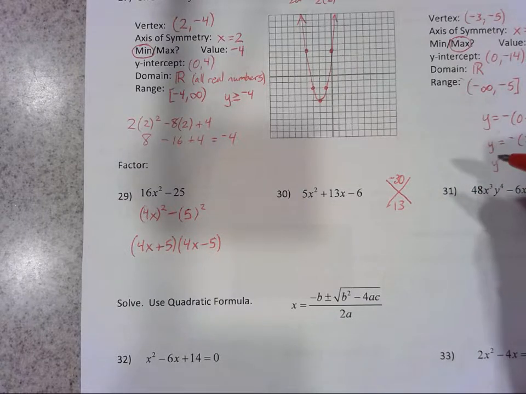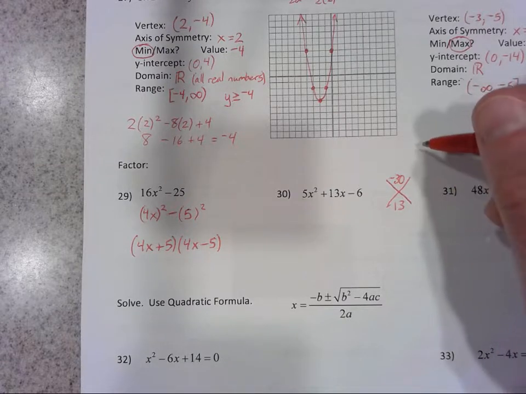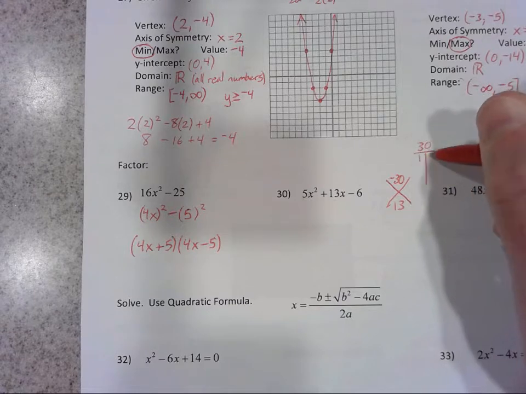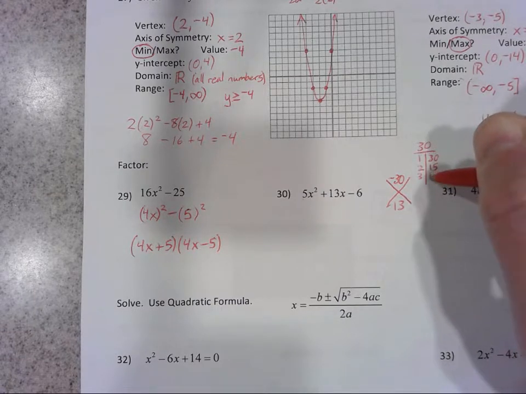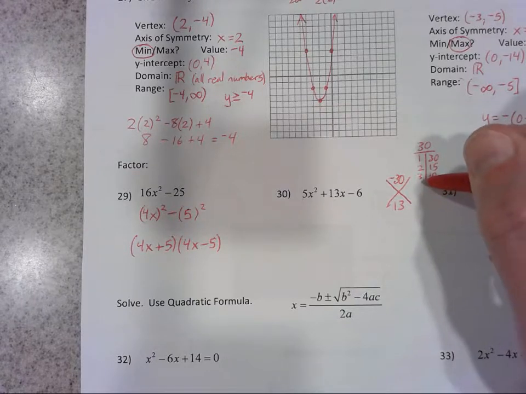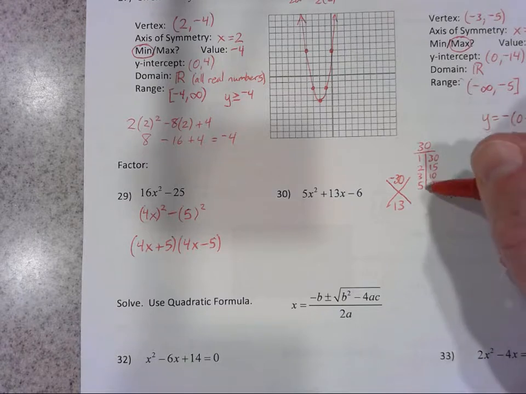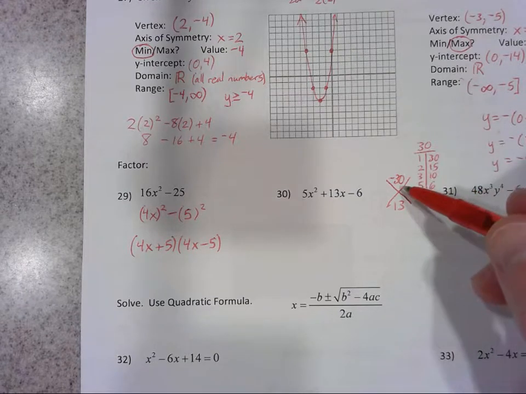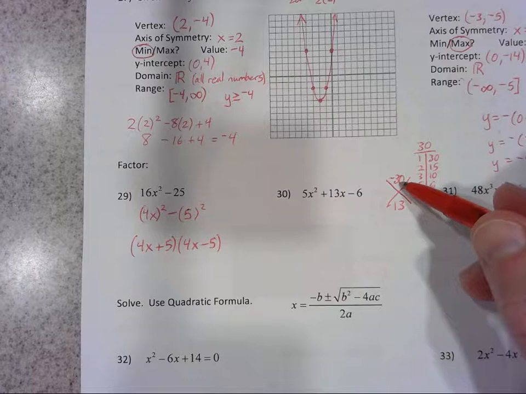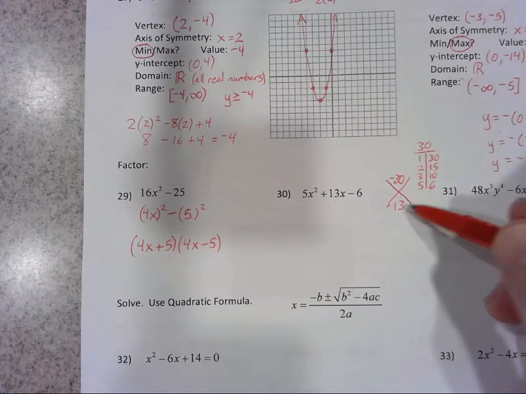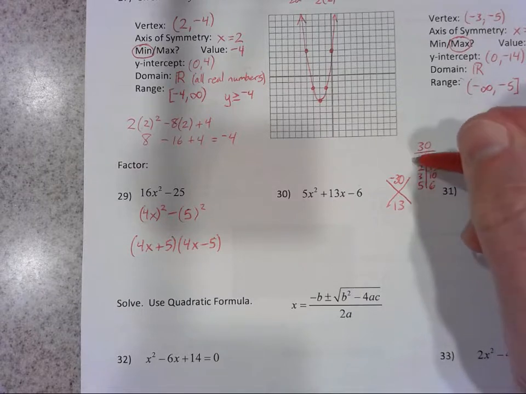And so if you need to make a list of different numbers that could work, so 30 I can find by taking 1 times 30, 2 times 15, 3 times 10, 4 doesn't go in, 5 times 6, and then 6 is already on the other side. So I need to multiply to get negative, so one of these numbers has to be negative, but if they're going to add to get a positive, the smaller number has to be the negative number.